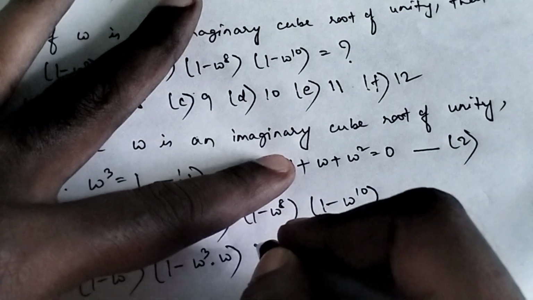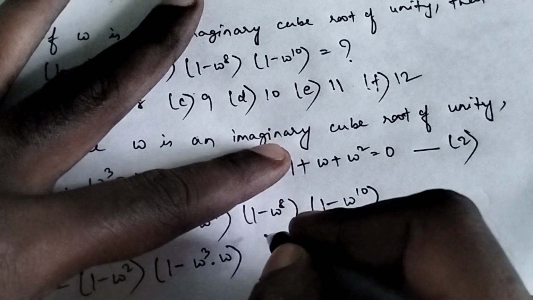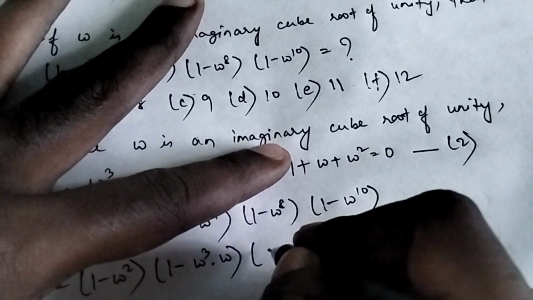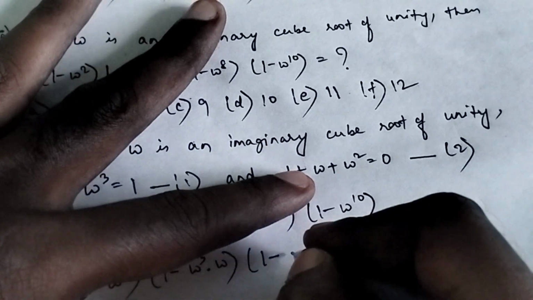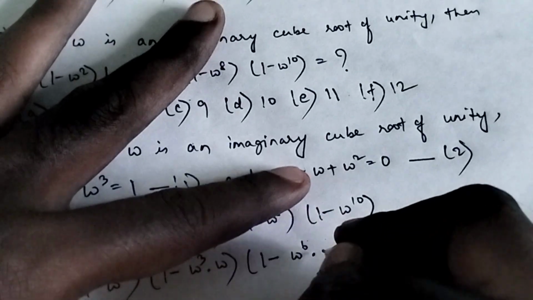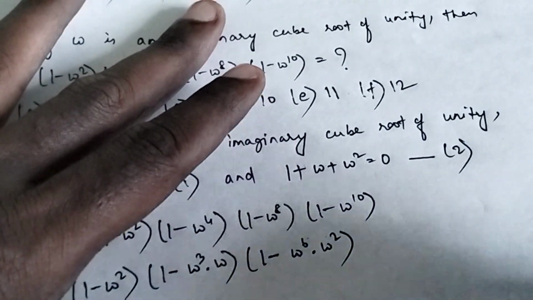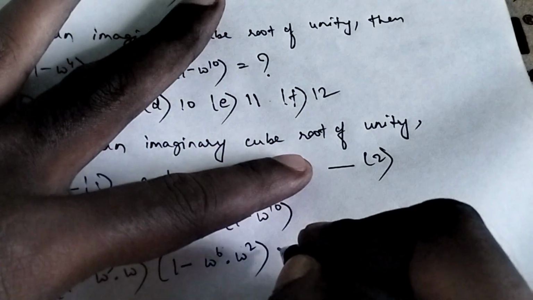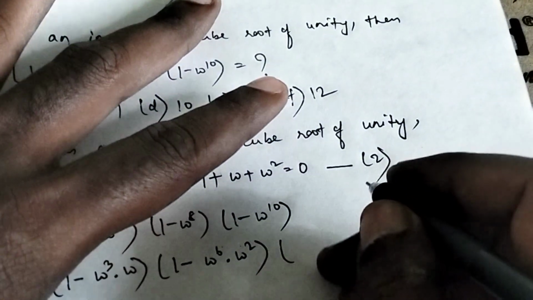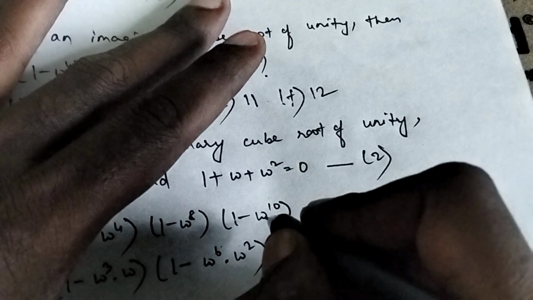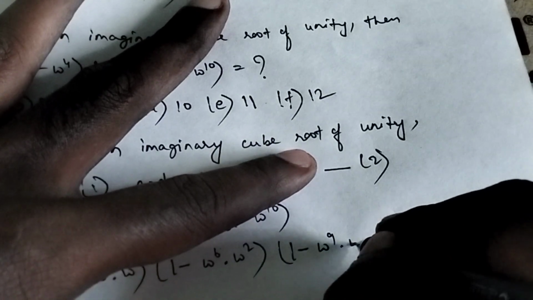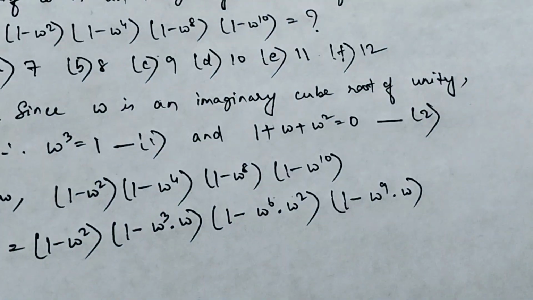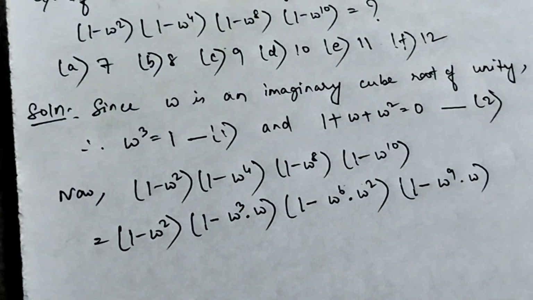Then 1 minus omega to the power 8 can be written as omega to the power 6 into omega square. Then again, 1 minus omega to the power 10 can be written as omega to the power 9 into omega. Clear?